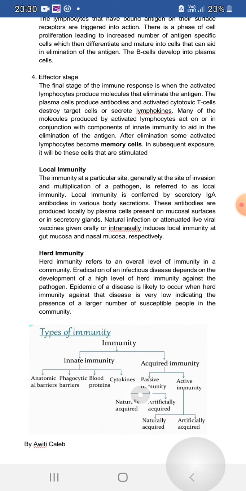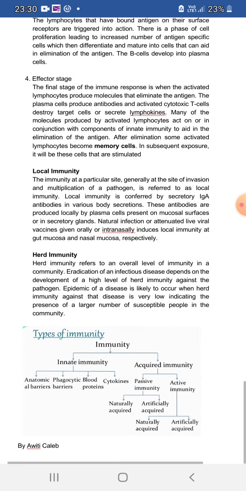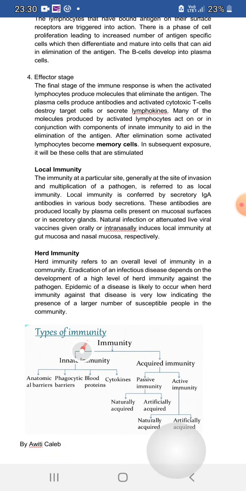Then these other ones are waiting inside should the foreign body or non-self go through the skin or mucous membrane, because this is mucous membrane and skin. So then we have phagocytic cells, blood proteins, these are basic proteins, C-reactive proteins, complement systems, then we have cytokines.